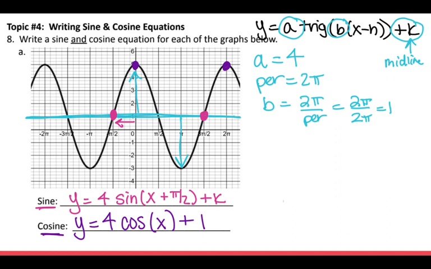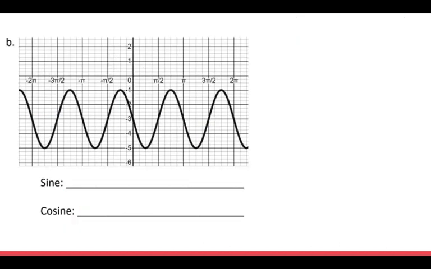All right, let's do another one. Let's find the midline. So in this case, my midline is down at negative 3. So that's going to be my k when I do write my equation. What else? My amplitude is how high or how low my graph goes from my midline. So my amplitude, which is a, in this case is going to be 2.